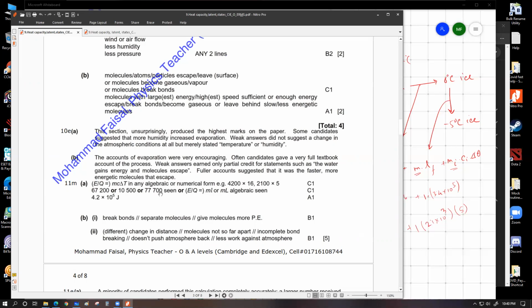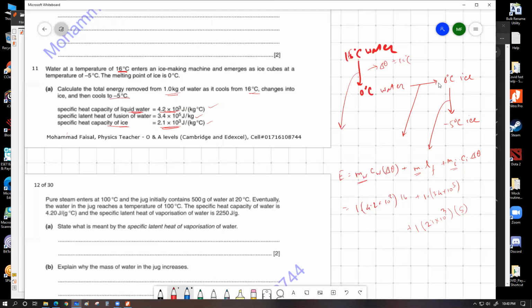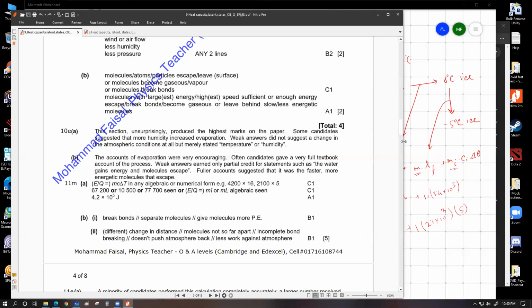Then there should be 3 different values seen: 67,200 or 10,500 or 77,700 seen, or E or Q equals ML, or ML algebraic sum. Any of these 3 values seen, these are the individual values of these 3 steps, and then you might score this mark.